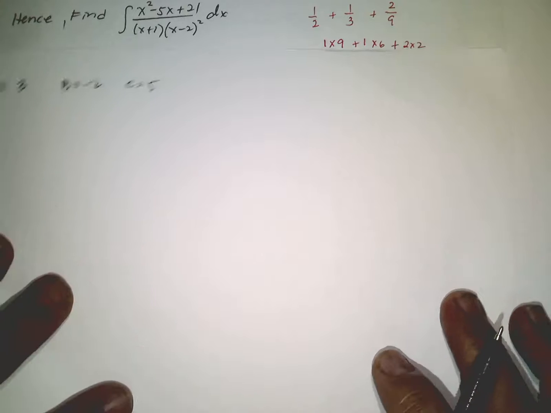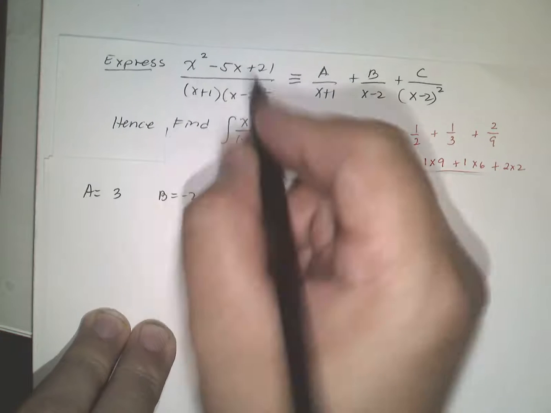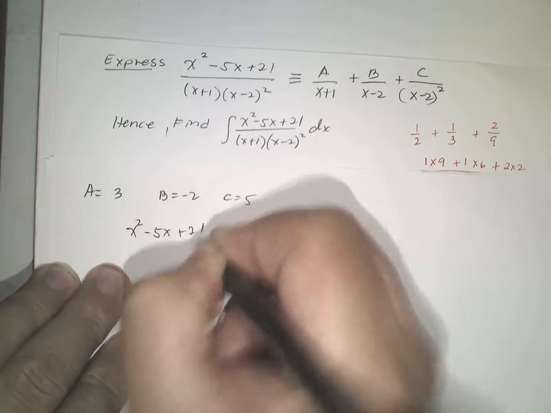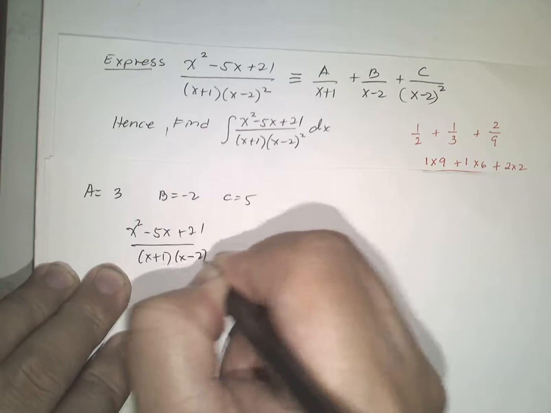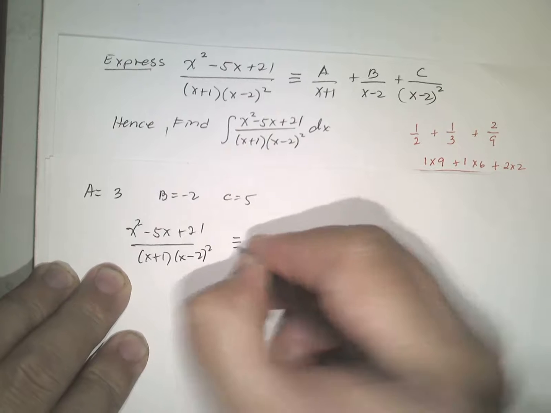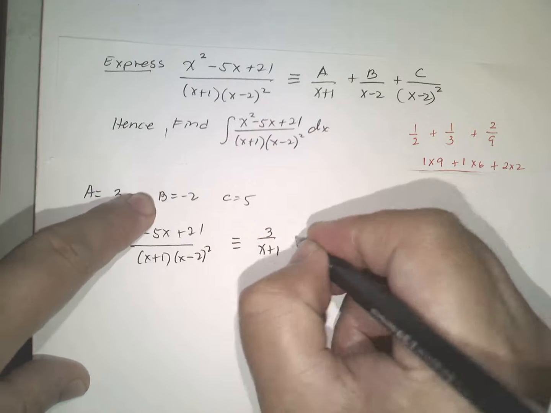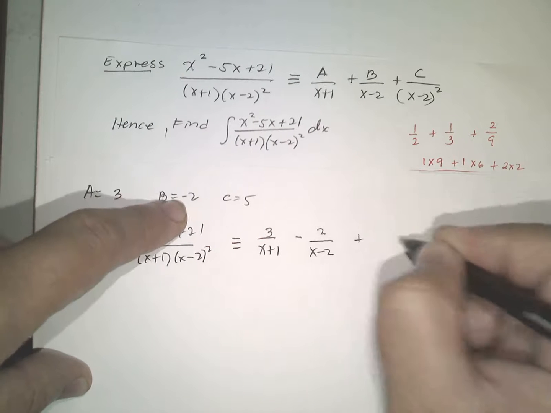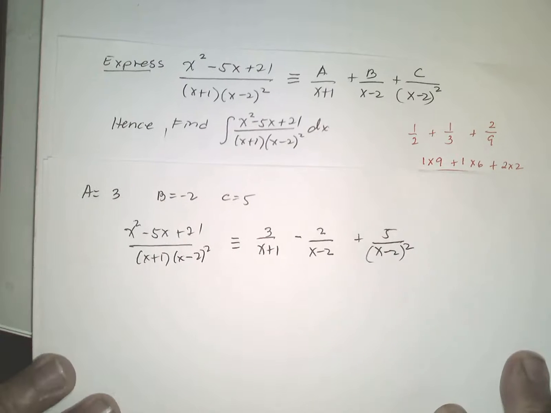So therefore, this question now, x squared minus 5x plus 21 over x plus 1 times x minus 2 squared is now equal to, your a is 3, 3 over x plus 1, minus 2 over x minus 2, plus 5 over x minus 2 squared.